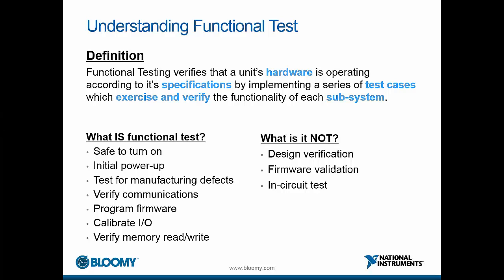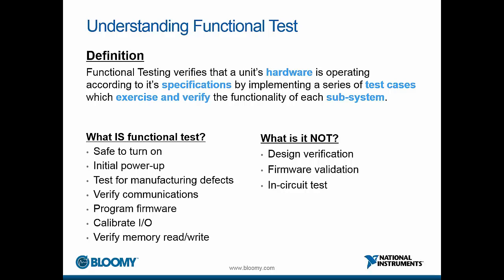What this means is that in a manufacturing setting, we are typically looking for hardware defects which prevent the unit from meeting its specifications. We do this by breaking the unit down into smaller subsystems and testing each of those subsystems individually. Because the focus of the test coverage should be on the manufacturing process, tests which implement design verification or firmware validation should be omitted and left to R&D.